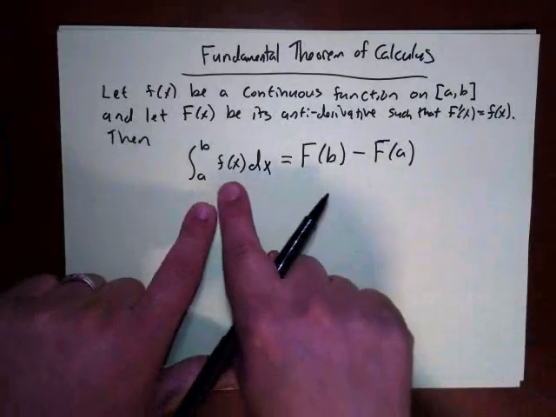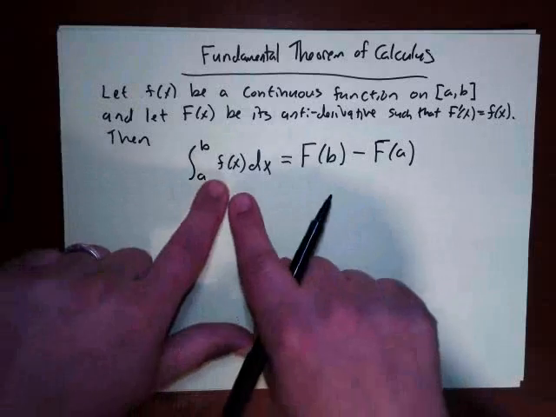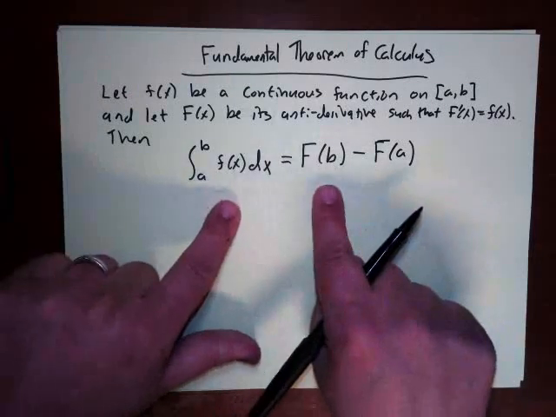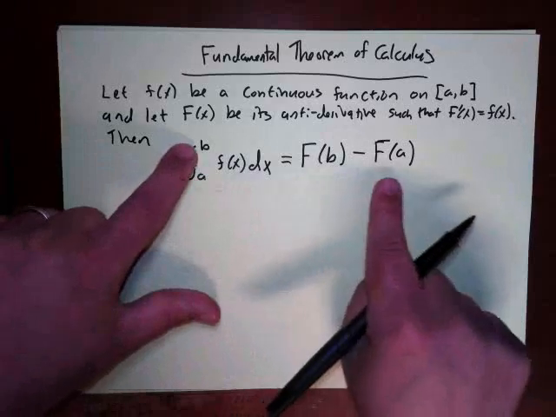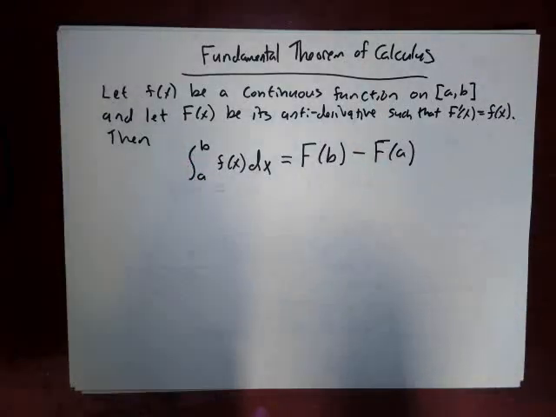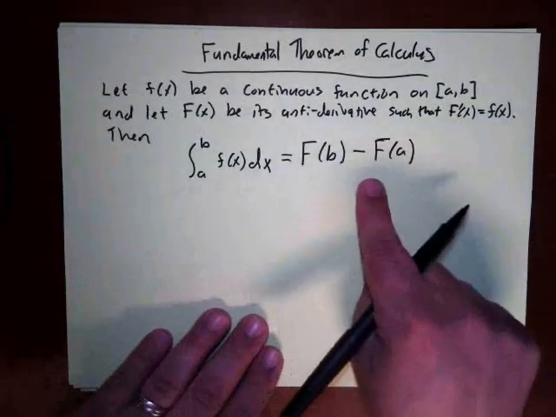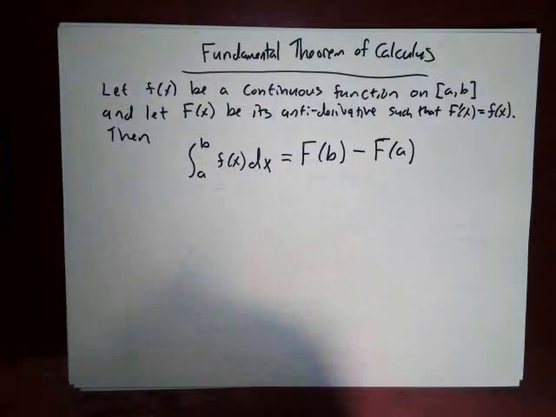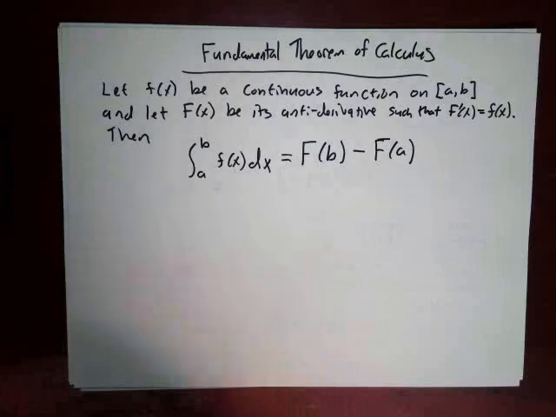If it has an antiderivative over the interval, then you just have to evaluate the antiderivative at the two endpoints of the interval and subtract them. The difference between those is actually the area underneath the curve, underneath f of x.